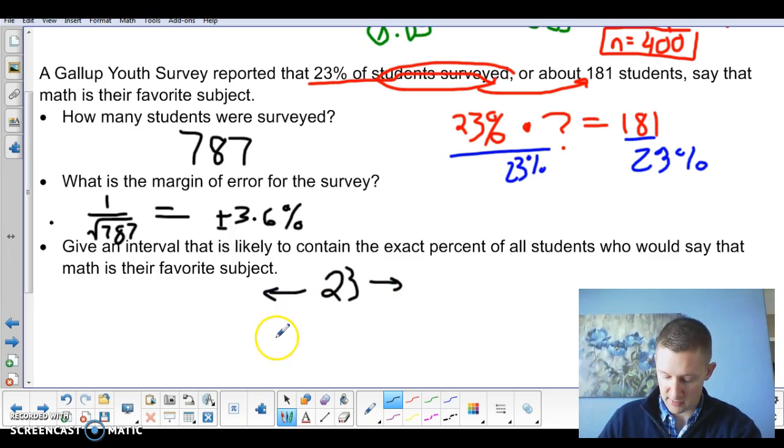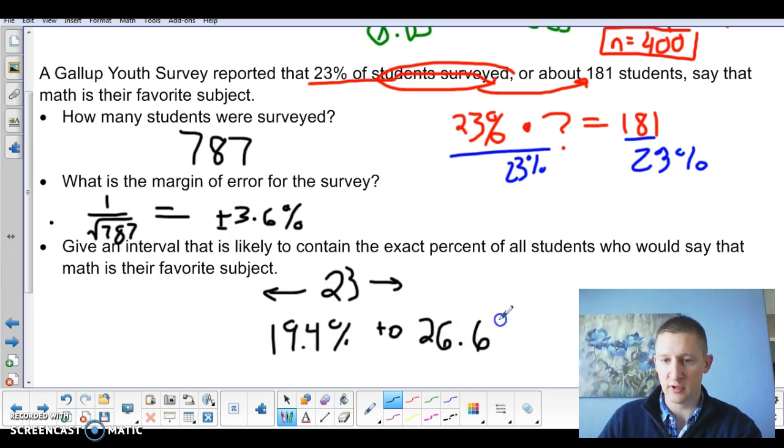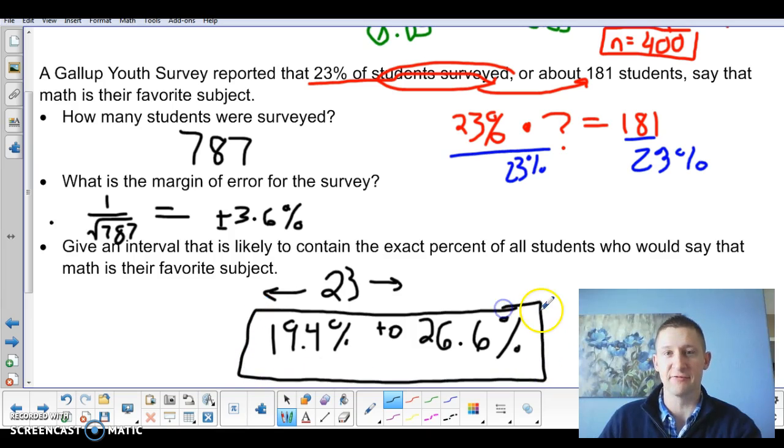So when I do that math, I've got 19.4% on the low end up to 26.6 on the high end. So there would be my interval that I could be pretty confident in saying that here would be the percent of all students that say that math is their favorite subject, my favorite kind of kids.